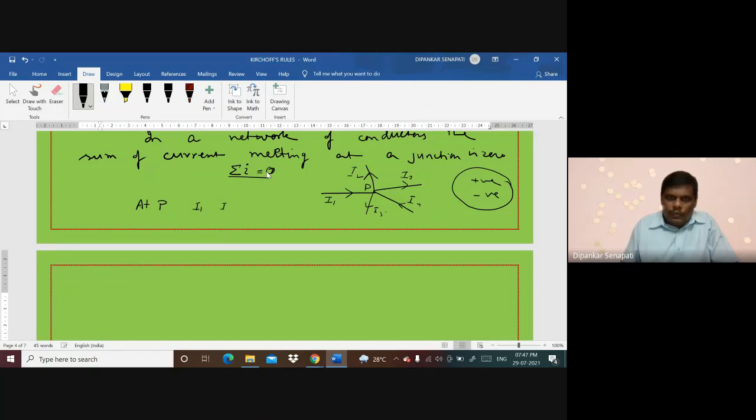I2 is leaving the point P, so negative. I3 is again leaving the point P, so negative. I4 is incoming to P, positive. And then minus I5, so I1 minus I2 minus I3 plus I4 minus I5 is equal to 0.